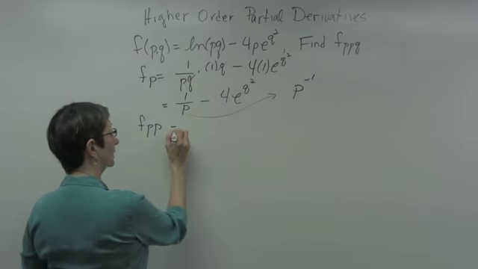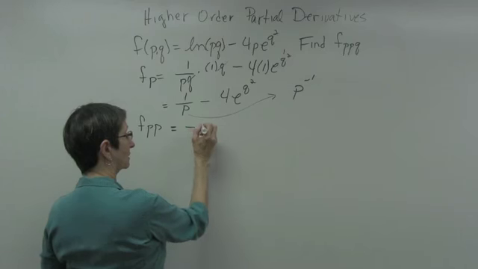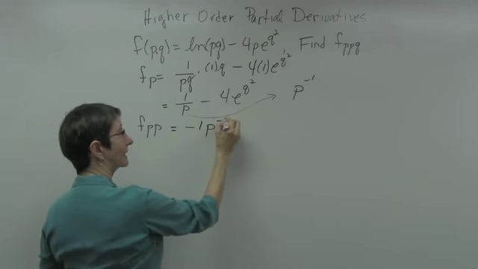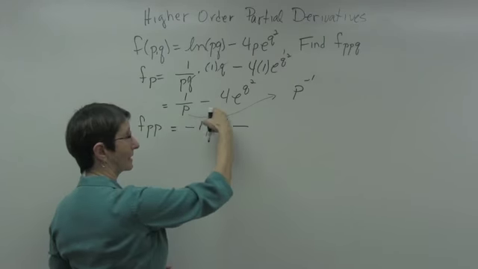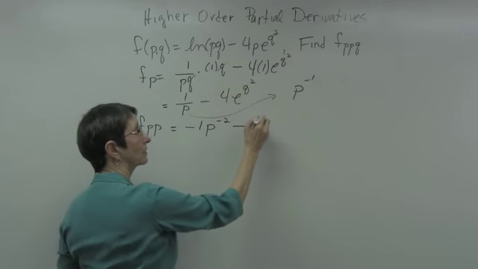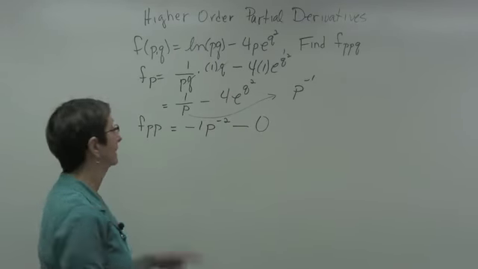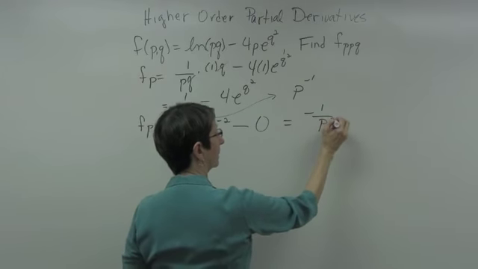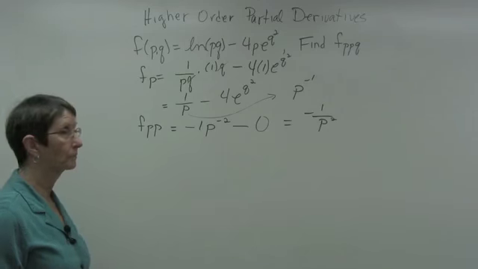Use the power rule. The negative comes around front times p, and I subtract 1, makes that negative 2. And then, as I said before, there's no p here, so the derivative is 0. So this derivative is just negative 1 over p squared. The q is gone completely.